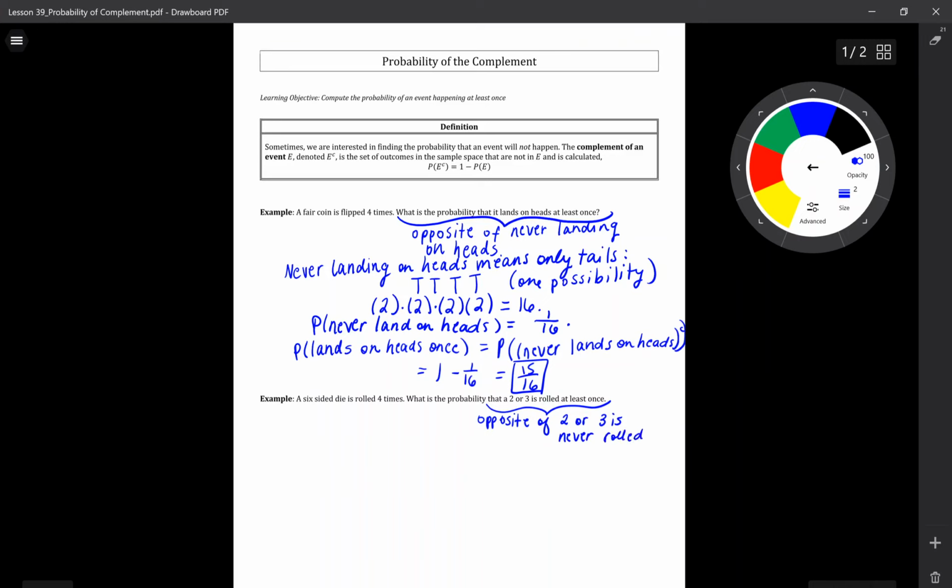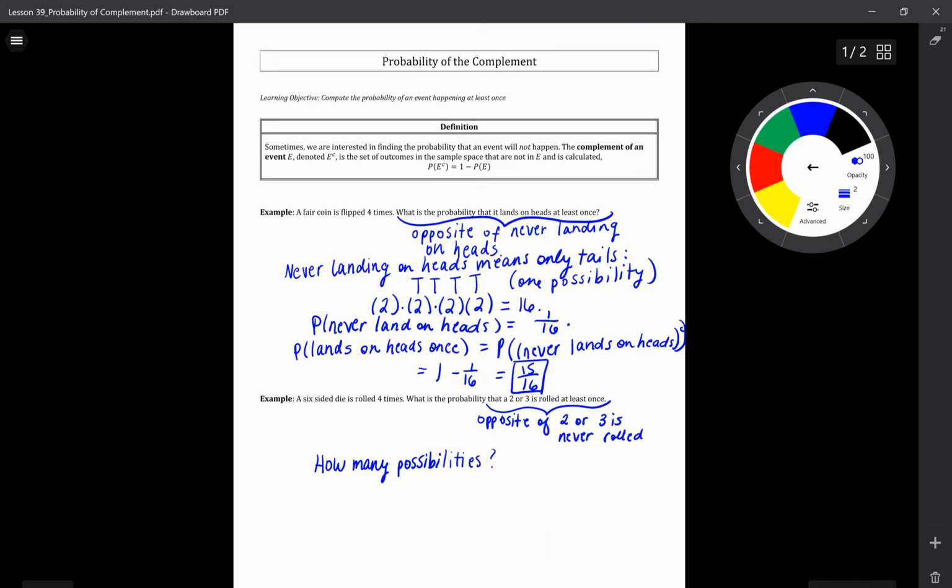So what's the probability of a 2 or 3 never being rolled? Well, I have a 6-sided die. It's being rolled 4 times. So if a 2 or 3 is never rolled, how many possibilities do I have for that?